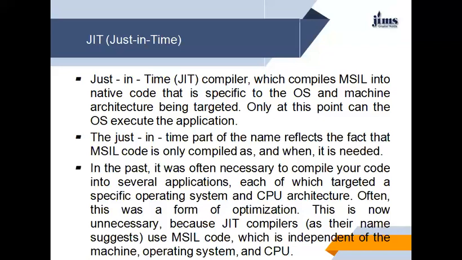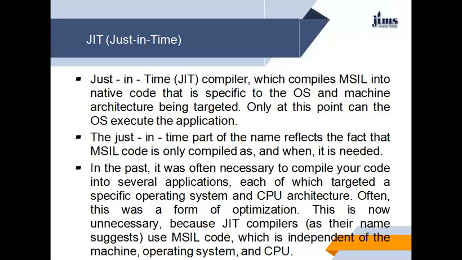So you would have to write the code according to that, and compile according to that. That was the practice earlier, and it was a form of optimization. You would write a program in such a way that it was specific to a certain CPU architecture and operating system, so that the performance would be good.